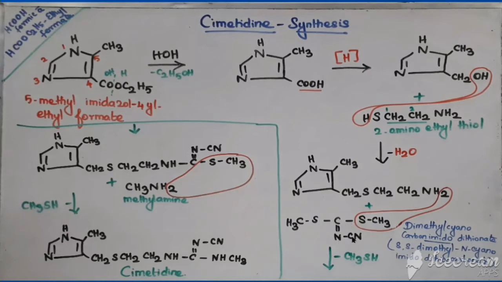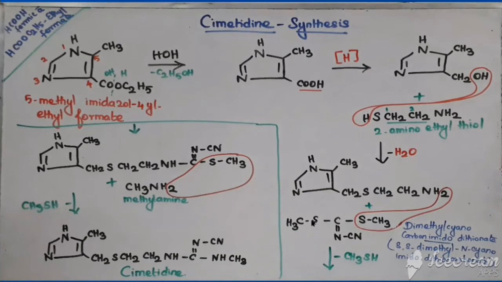So we got that. Now with that we are adding C double bond N. With the nitrogen, CN is added, and with the carbon, both ends will be connected with SCH3. So what is the chemical name of this one? Here the methyl is attached with the sulfur. Here also methyl is attached with sulfur. That's why it is called S-methyl, because that is attached with sulfur. So it is S dimethyl, and the cyano group is attached with the nitrogen. So N-cyano, this is called imido.